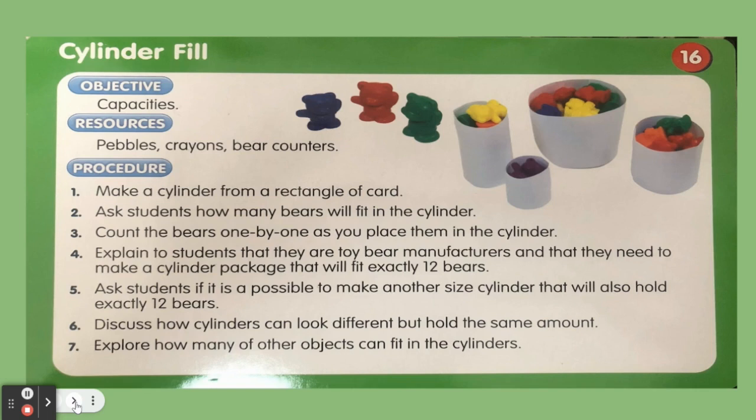You need to be able to think about, would a cylinder that's really big and wide hold more teddies or pebbles or bits of Lego than a cylinder that's really little and narrow? It would be interesting to see if your estimates are correct. So have a go with that activity.